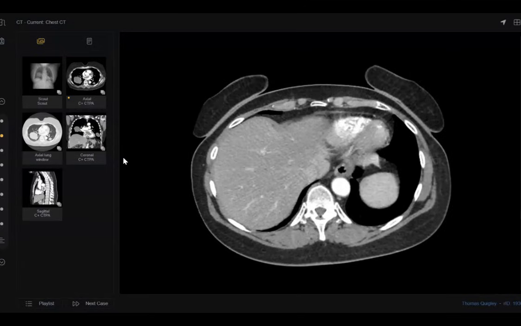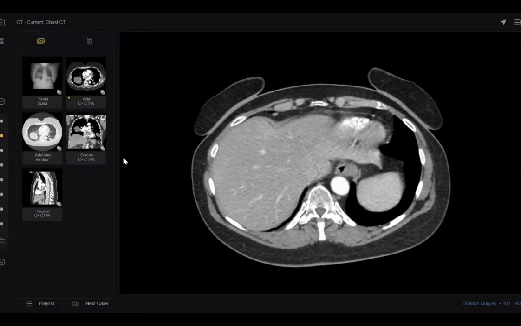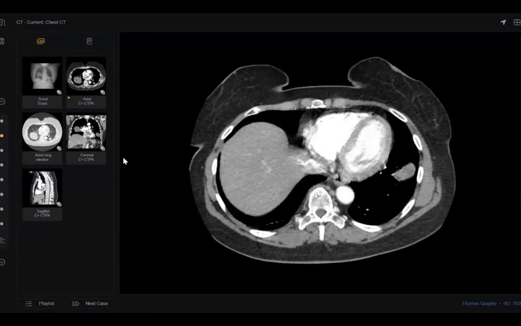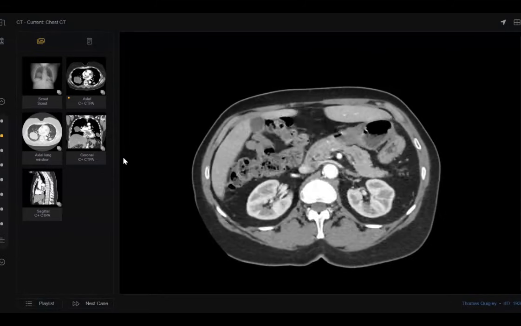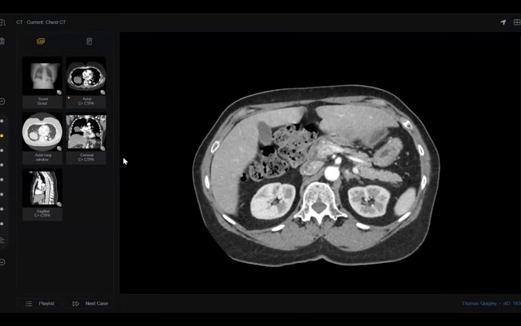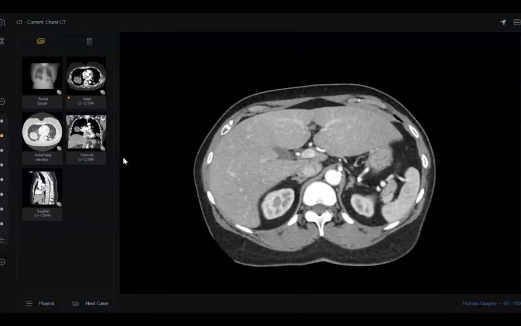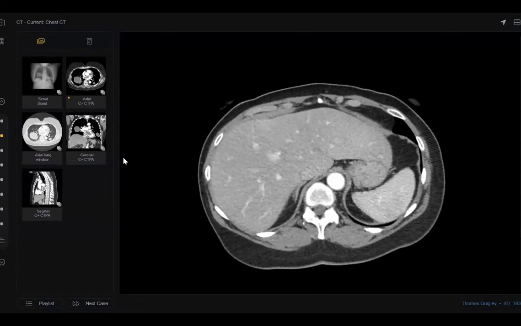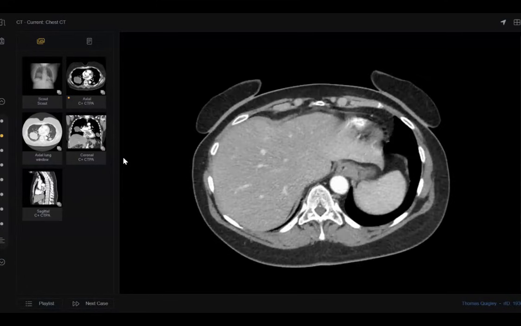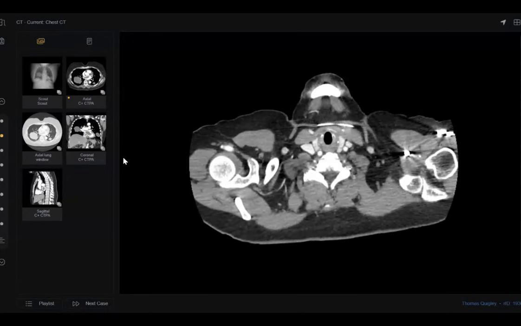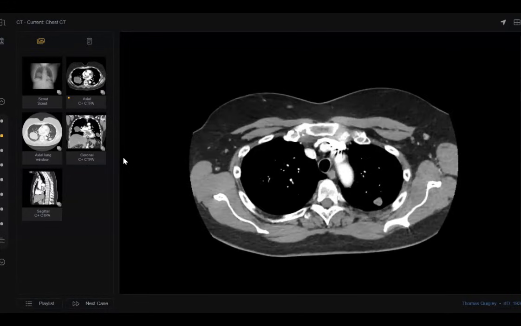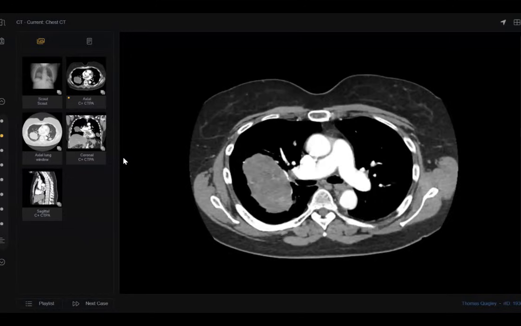The largest one is noted in the right lung. Further, I can also appreciate a hypodense lesion noted in the left atrium. I would like to see it further.